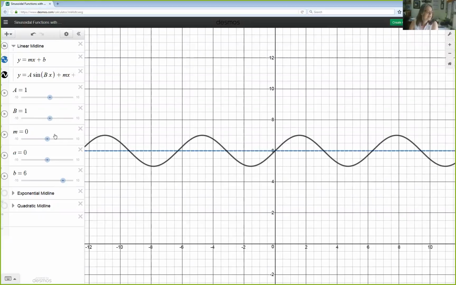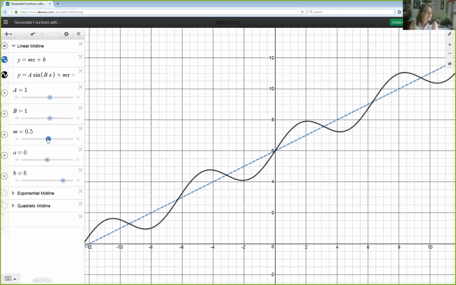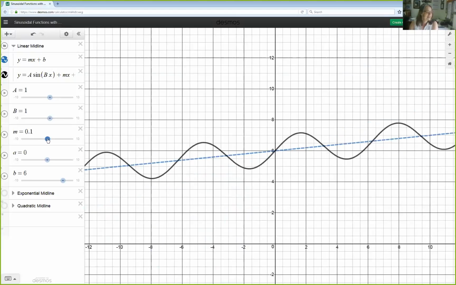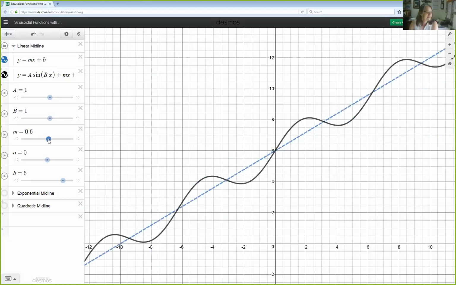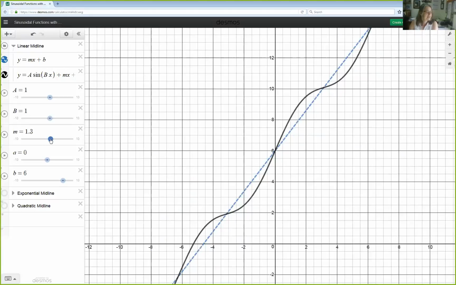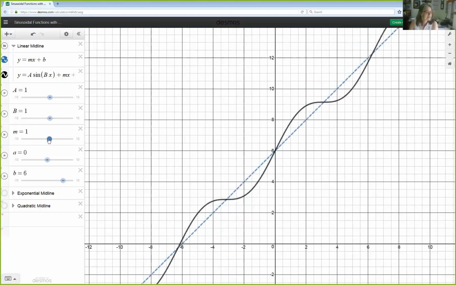This plus mx actually adds a tilt to my function. So you can see it changes my midline. Now it does more than just tilt it, because it kind of skews the function a little bit. And you can see that if we get very steep, pretty soon we lose our oscillations.